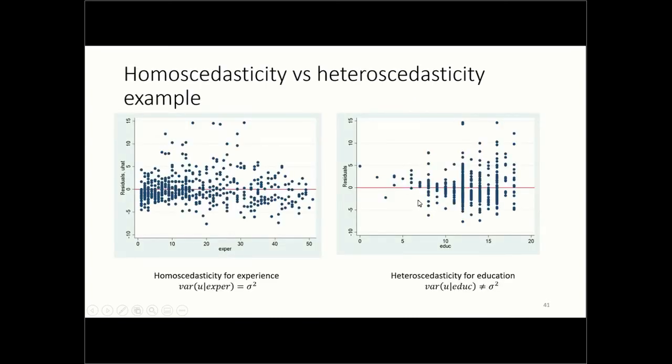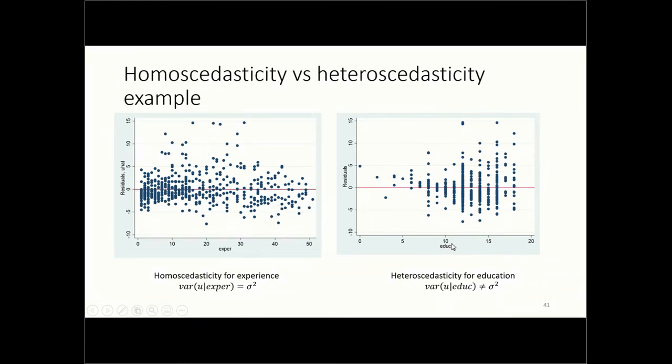So let me show you examples of homoscedasticity and heteroscedasticity. If we estimate the model here of wage on experience, education, and so forth, and plot the residuals, here we have the residuals U hat against experience. One thing we're finding is that for each value of experience, the variance does not seem to increase or decrease or change much as we go along the x value.